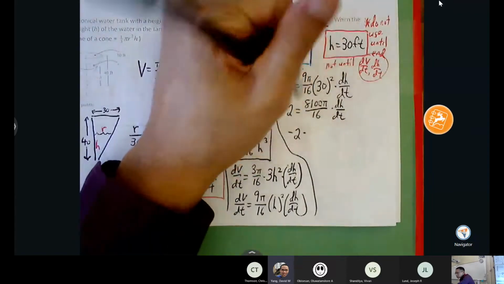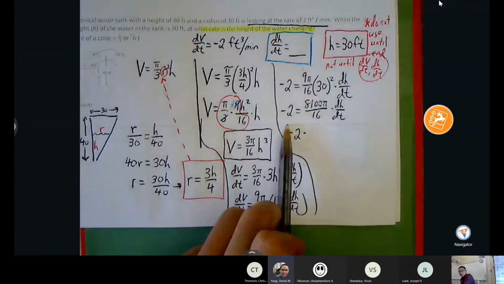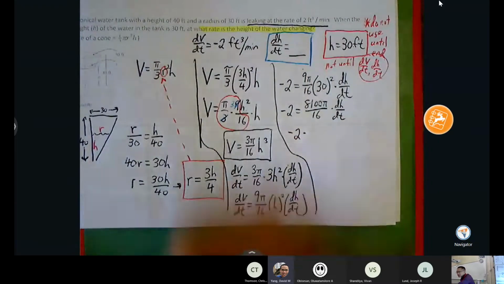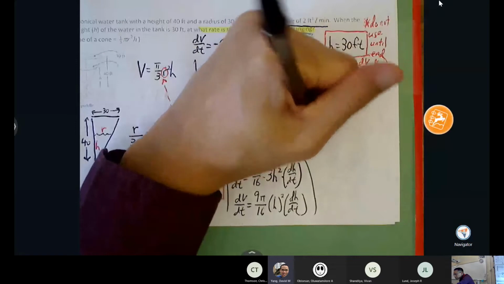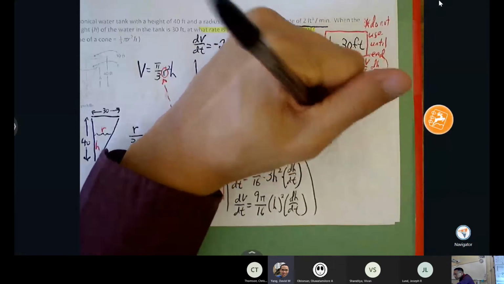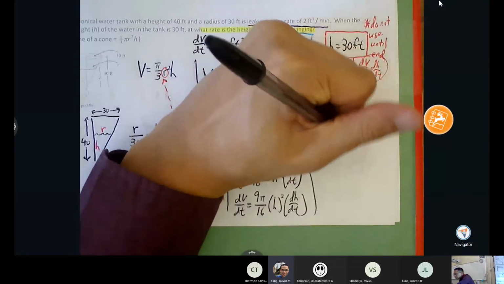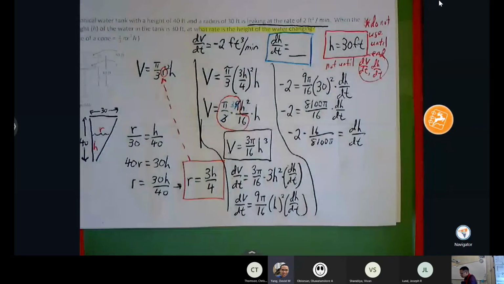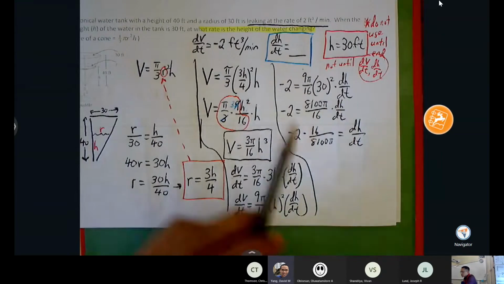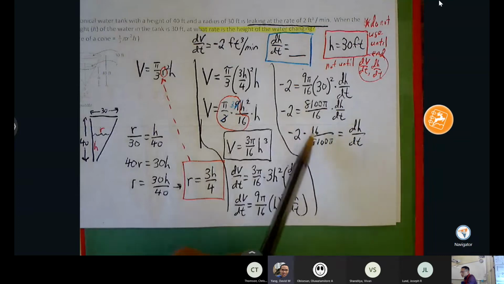Multiply by the reciprocal to bring this fraction over to the other side, so I can get that dh/dt by itself. So we may want to simplify some of this earlier. Otherwise, the calculator may not be able to reduce that fraction for us as well.